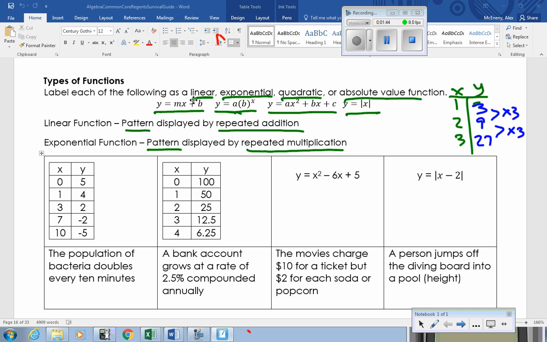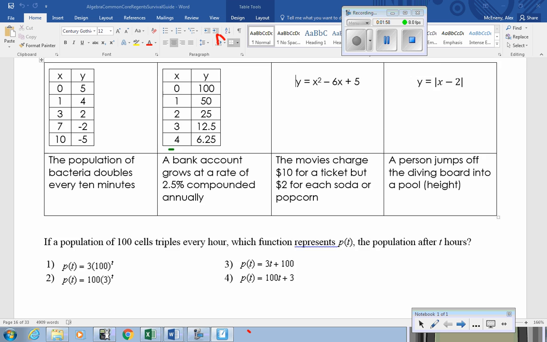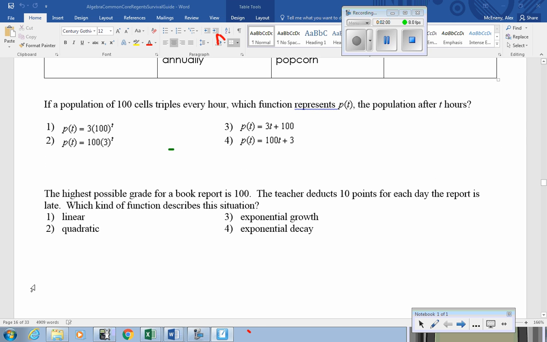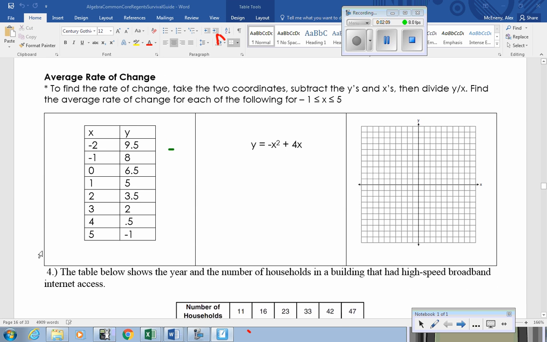So they want you for the first part to go through and, based on what it says, say what type of function it is. And then with certain word problems, again, you're looking for what the change is. Is it repeated addition or multiplication? So kind of going with the 2 multiple choice questions below. Okay. Moving on to that, we got rate of change.